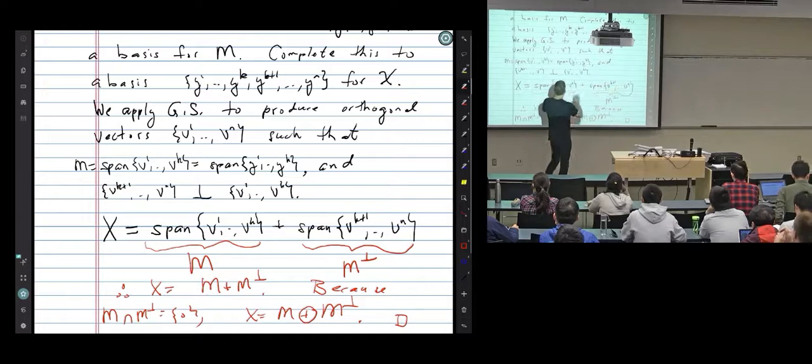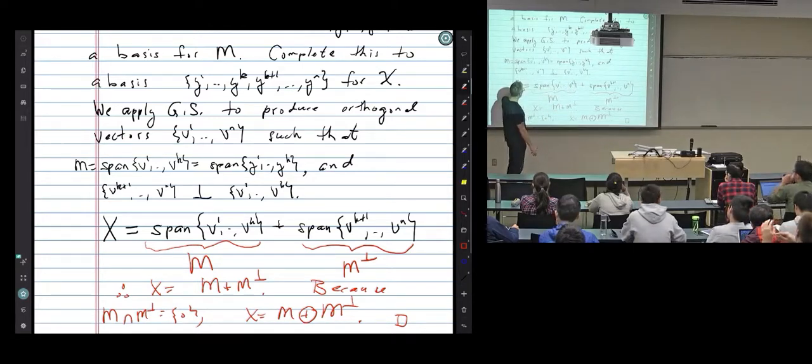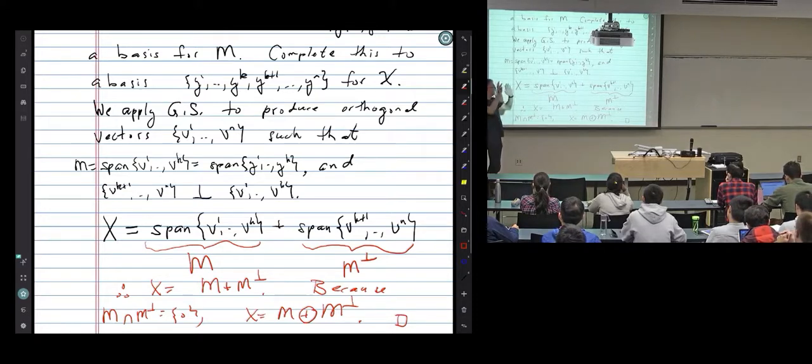Because you start out with 4 vectors and you complete it to a basis for X, so you have to add dimension of X minus dimension of M vectors. So in general, they're very different in size, because in practice this may be huge.